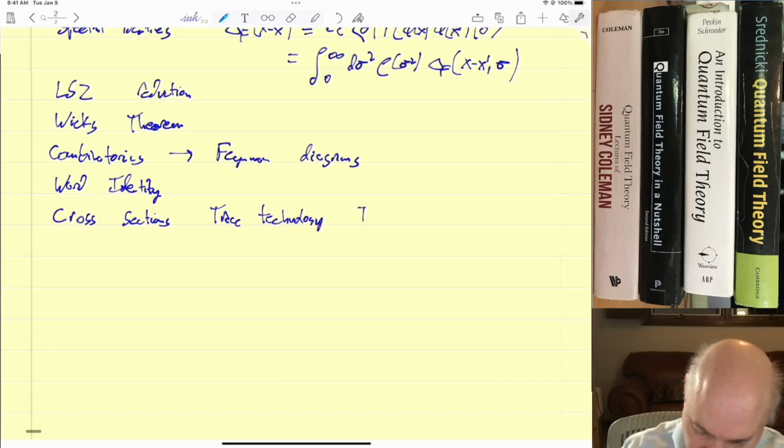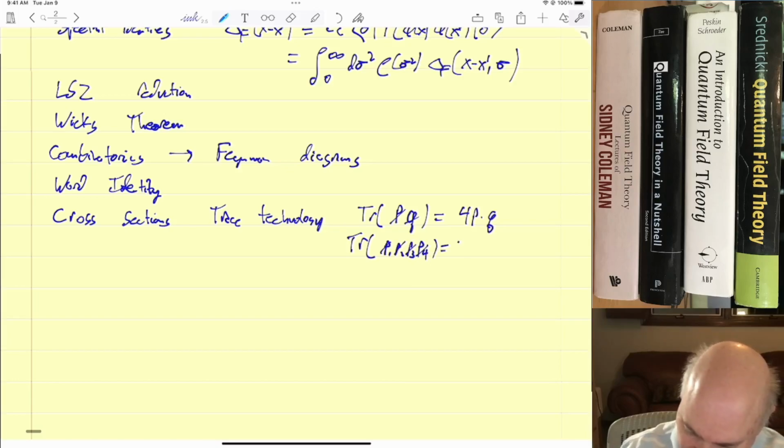Things like the trace of P-slash Q-slash equal to 4 P dot Q, and the trace of P1-slash P2-slash P3-slash P4-slash is equal to, hope I remember this right, 4 P1 dot P2 minus 4 P1 dot P3.